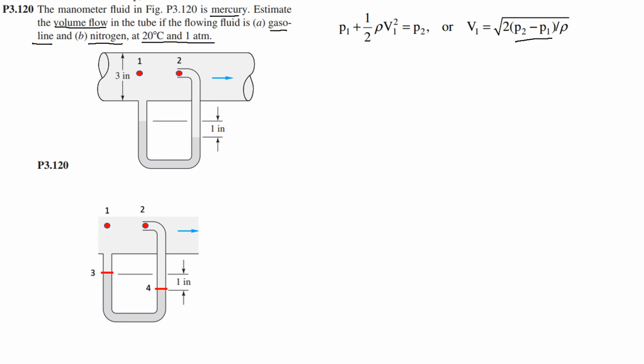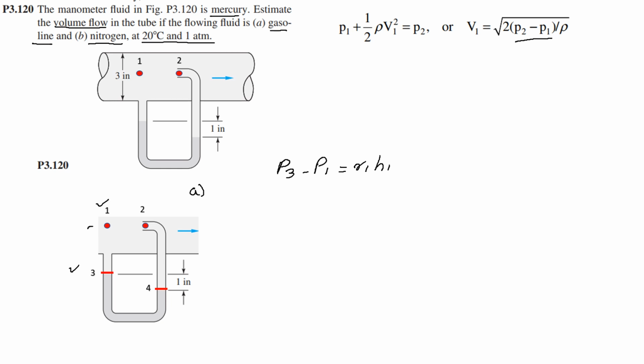So starting from point 1, I am going to write an equation from point 1 to point 3. If you remember, we take the highest pressure first minus the lowest pressure is equal to gamma 1 H1. The fluid inside here is now gasoline.